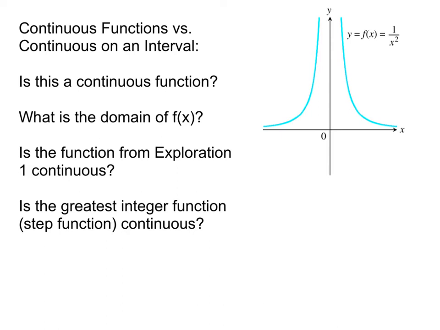Every number on the greatest integer function has a value. But there are places that are discontinuous on the greatest integer function. So the greatest integer function is not continuous because along its whole domain there are points of discontinuity. So hopefully you can see the difference between the two there.